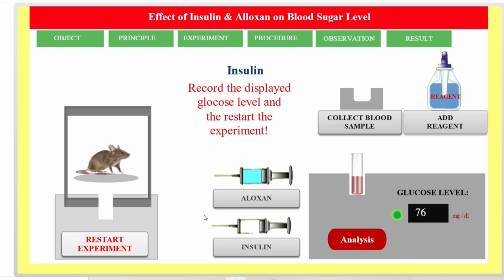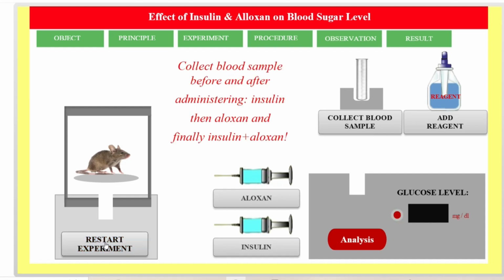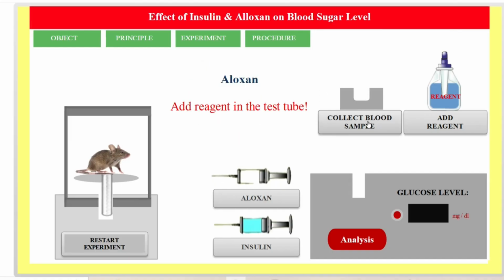Now we will go for the next step, restart the experiment. We will click Alloxan. We will collect the blood. We will add the reagent.